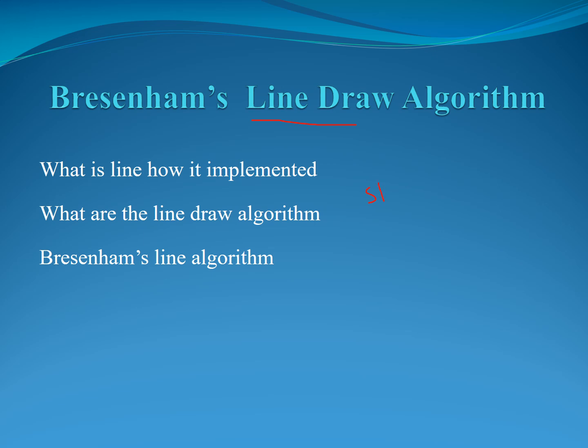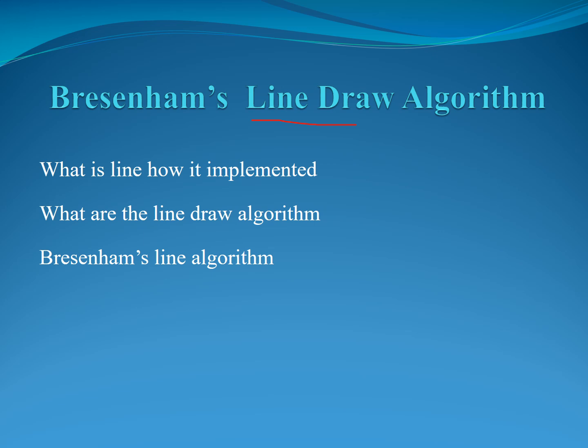In Bresenham, we take the help of the decision parameter. With the help of the decision parameter, we calculate the incremental x and y values. We will continue until we get the final pixel value.